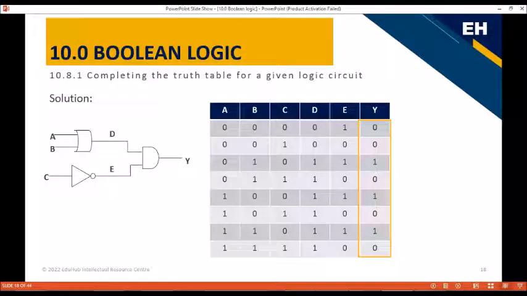Now, how do we complete the truth table for a given logic circuit?